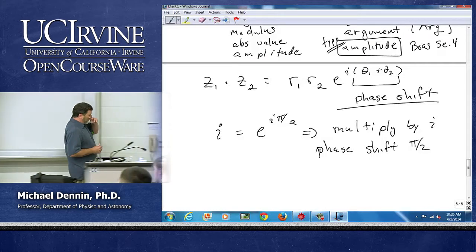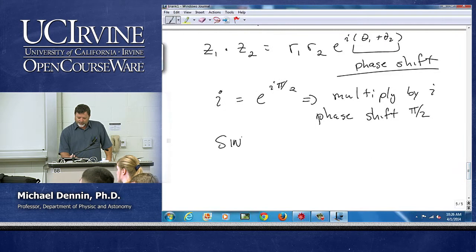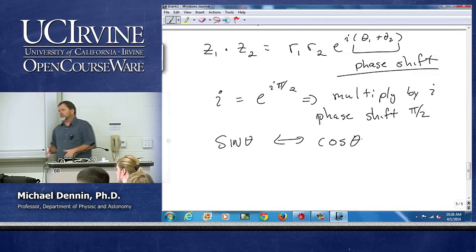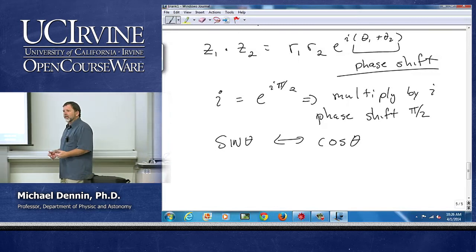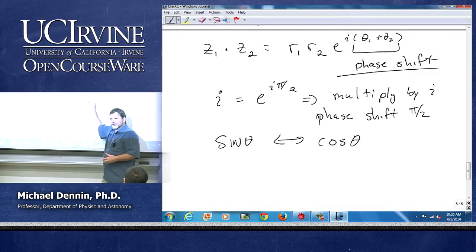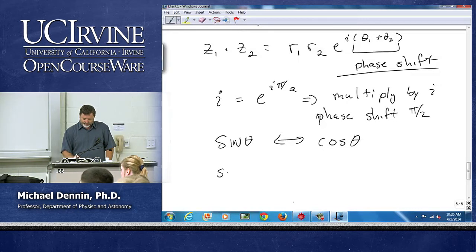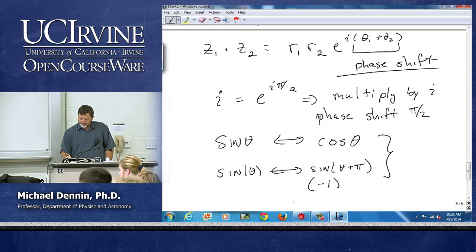When we're doing things like lock-in techniques, we want the difference between sine theta and cosine theta. And what is the phase shift between sine and cosine? 90. So we will call this completely out of phase. And we will call going, say, from sine of theta to sine of theta plus pi, which is a factor of minus 1, out of phase.